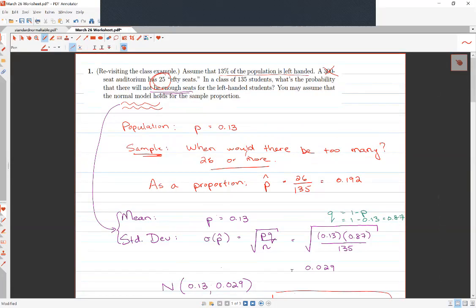There are 25 seats that are set up for left-handed people, but if I had 26 or more show up, it would be a problem. So in the class of 135 students, if 26 or more were left-handed, I would have a problem. So what's that as a proportion? 26 divided by 135 gives me the 0.192. That's where I found the value 0.192.